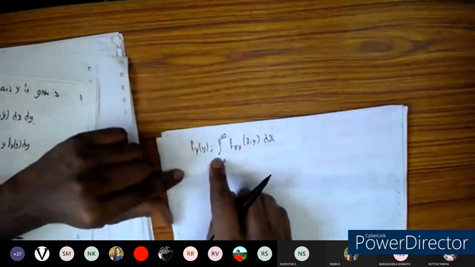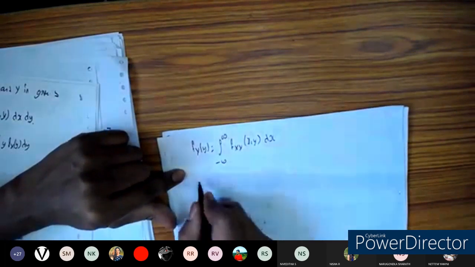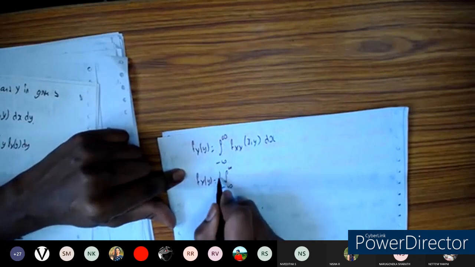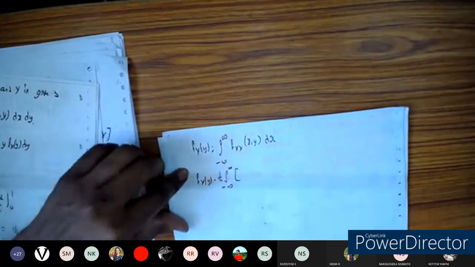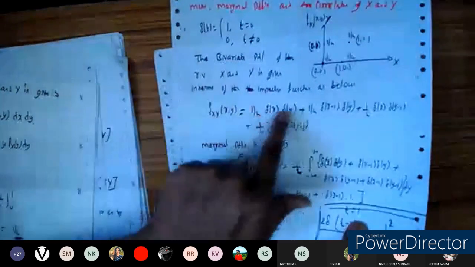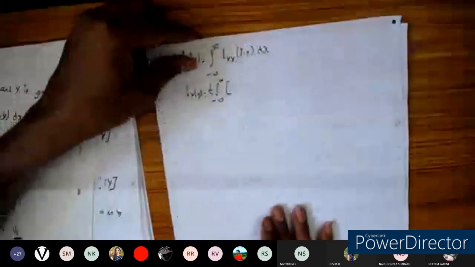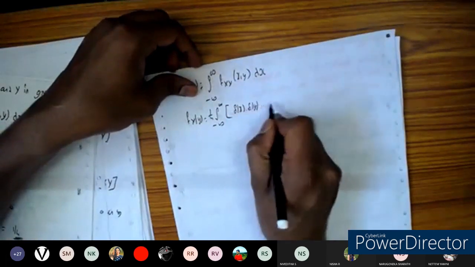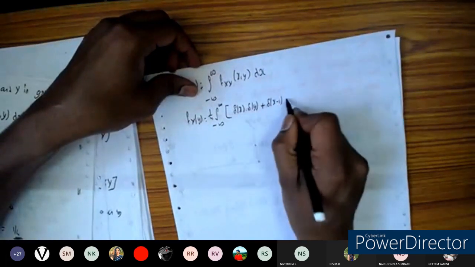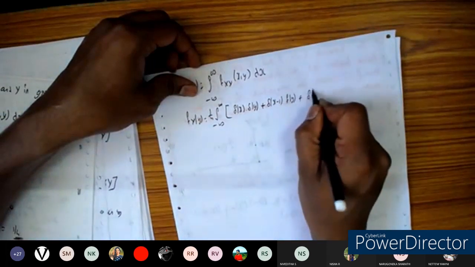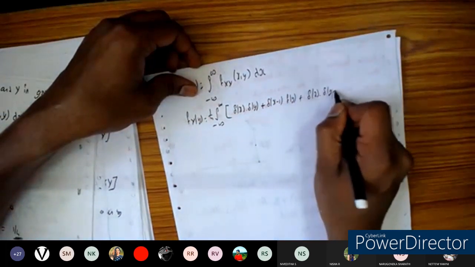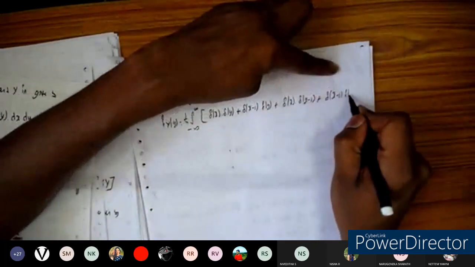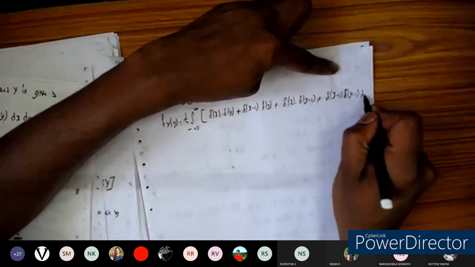So fy of y is equal to the integral, you write the generalized formula first. So similarly you integrate here. Write the functions: delta of x into delta of y, so 1/4 I'm going to take outside. So it is delta of x into delta of y plus delta of x minus 1 into delta of y plus delta of x into delta of y minus 1 plus delta of x minus 1 into delta of y minus 1, into dx.